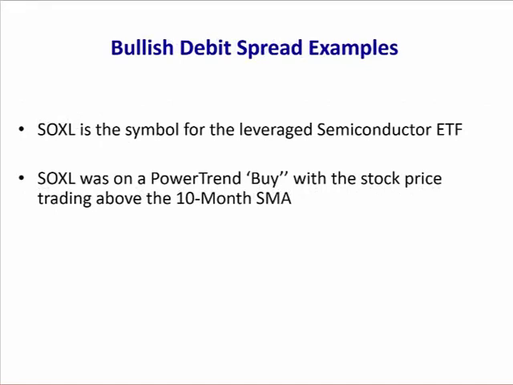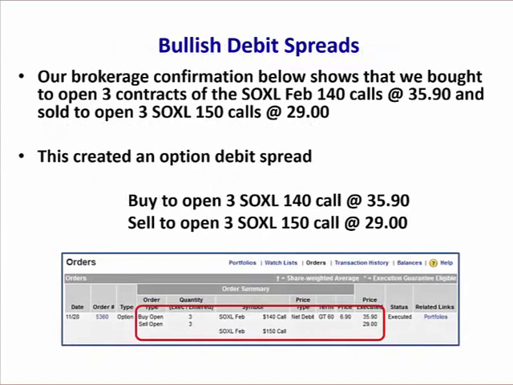We're going to look first at SOXL, the symbol for the leveraged semiconductor ETF. And SOXL was on a power trend buy signal with the stock price trading above the 10-month simple moving average.